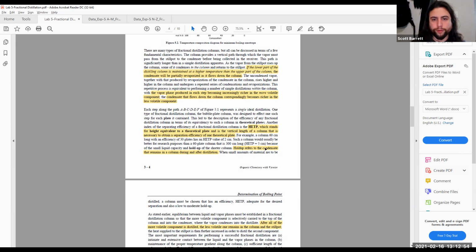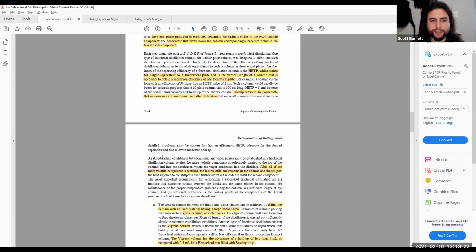The holdup refers to the condensate that remains in the column during and after distillation. So the holdup is that in-between stage when it's boiling from the flask up into the column. The holdup is the liquid that is up within the column, and it can be the actual liquid at the bottom, nearer the still pot, and also the vapor and liquid that is condensing at the top at the still head and going back down into the column.